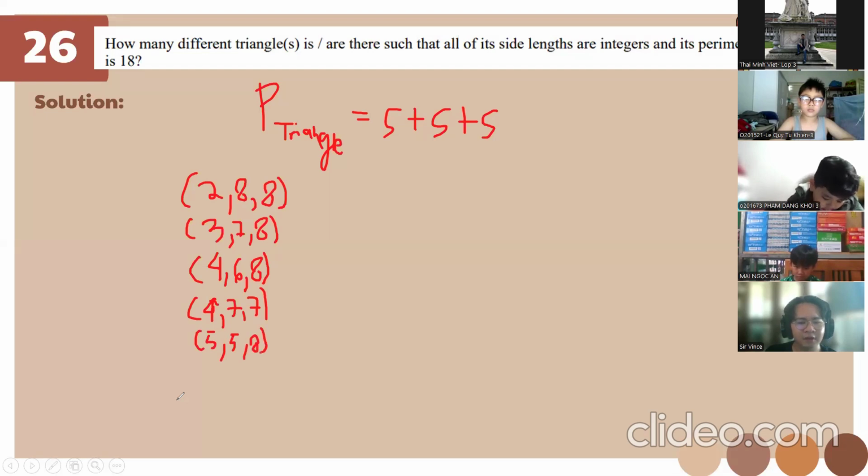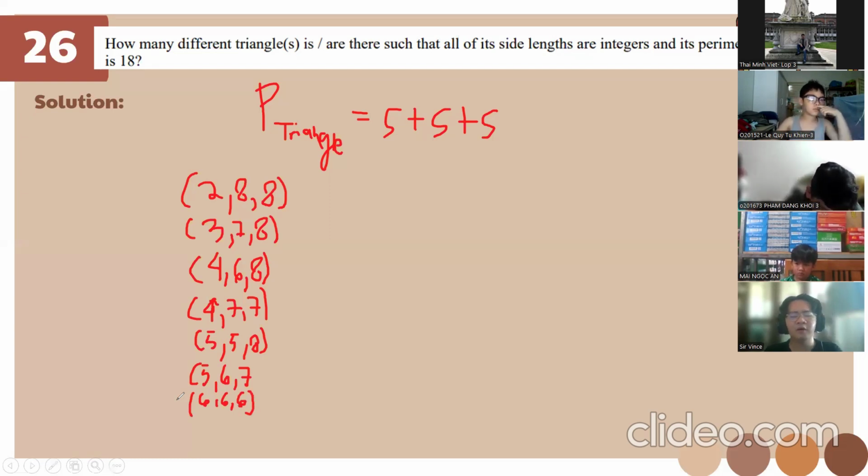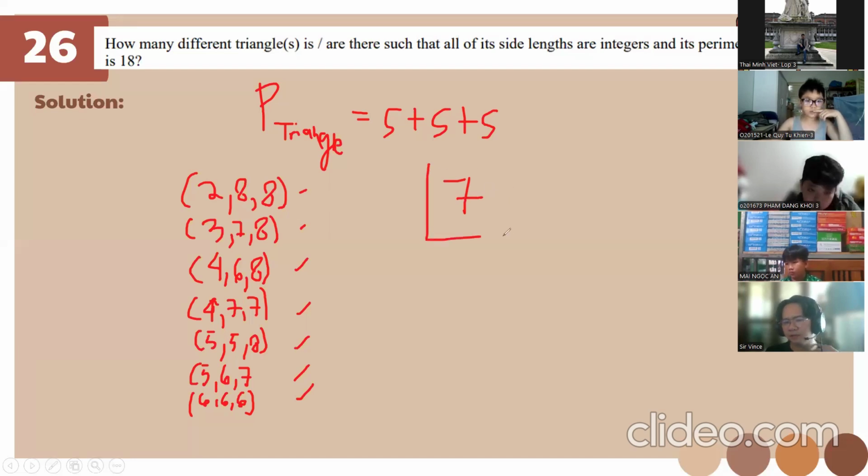We'll have another 5, 6, 7, and lastly 6, 6, 6. Okay? So if we count them all, this one is 1, 2, 3, 4, 5, 6, and 7. So there are 7 different triangles. Okay, so the answer is 7.